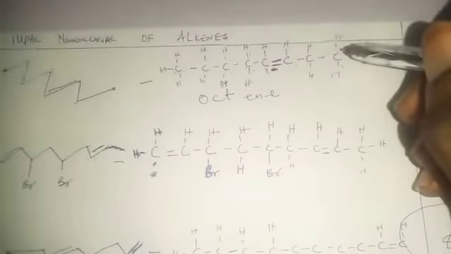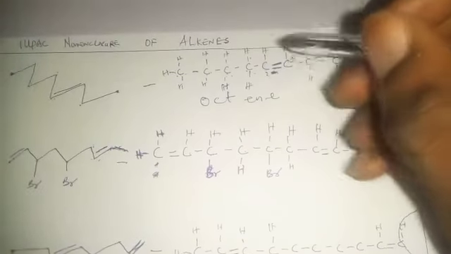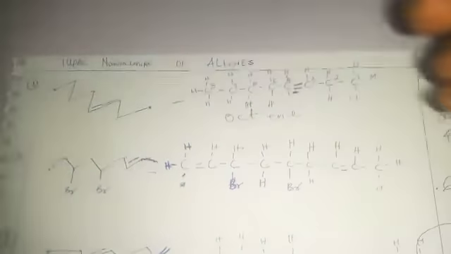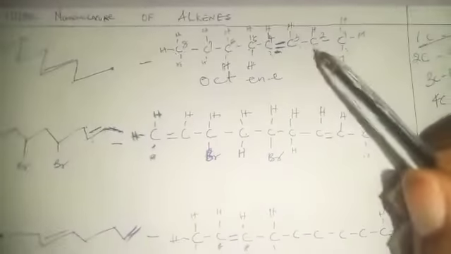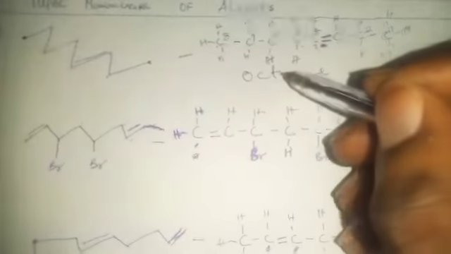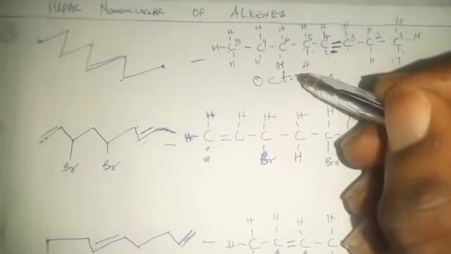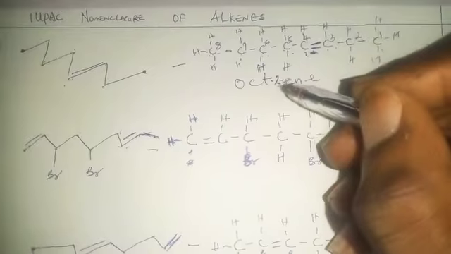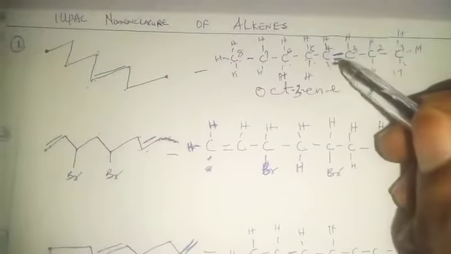Therefore, we'll start here. 1, 2, 3, 4, 5, 6, 7, 8. From here we notice that the double bond is on the 3rd carbon. Therefore, this is going to be oct-3-ene.